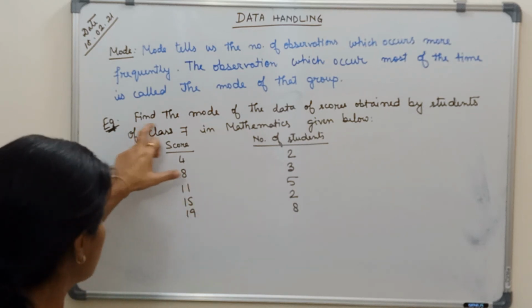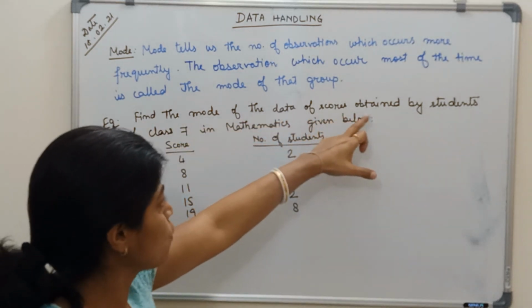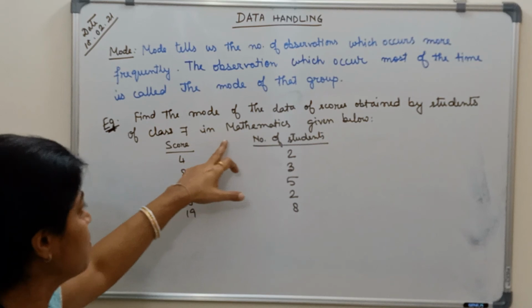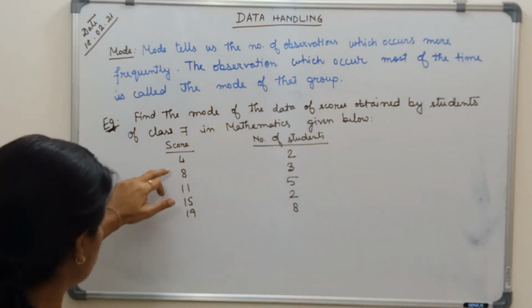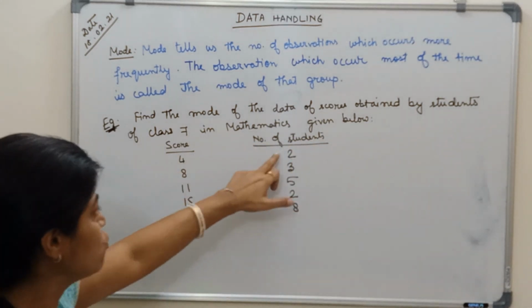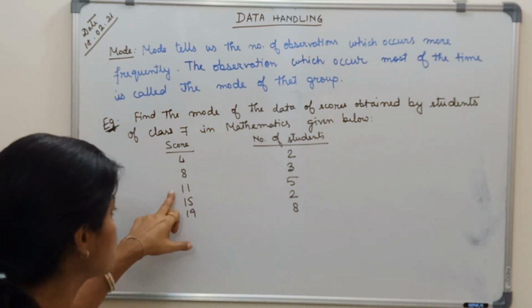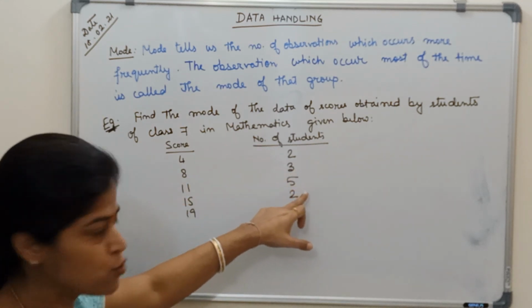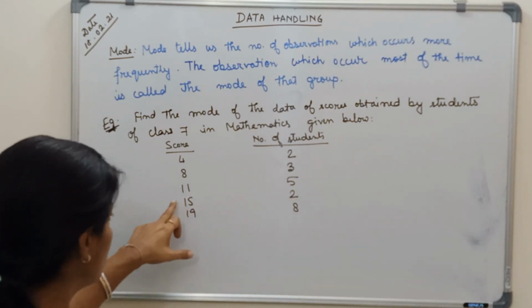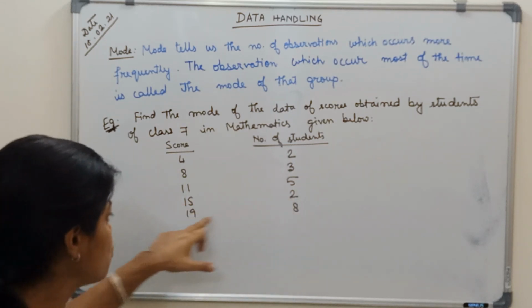One more example. Find the mode of the scores obtained by students of class 7 in mathematics given below. Suppose 4 marks scored by 2 students, 8 marks scored by 3 students, 11 scored by 5 students, 15 scored by 2 students and 19 scored by 8 students.